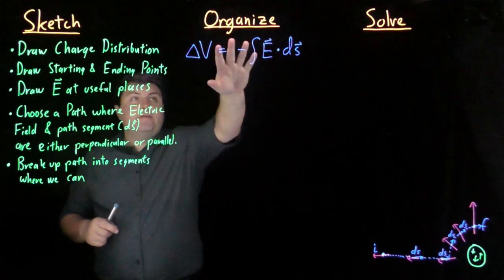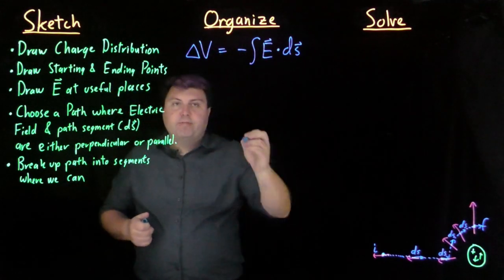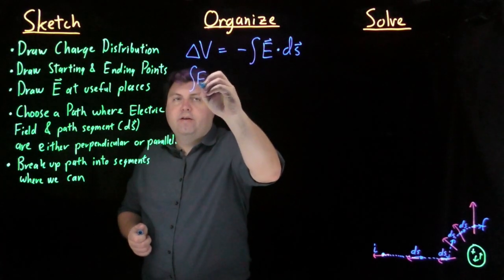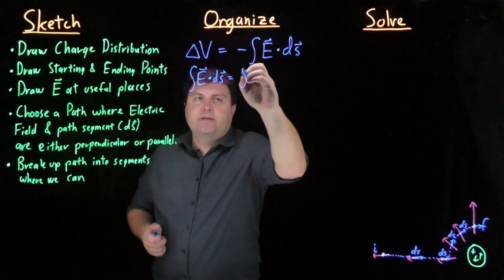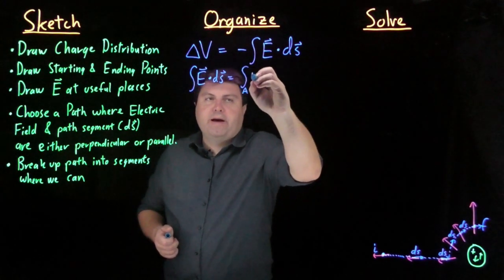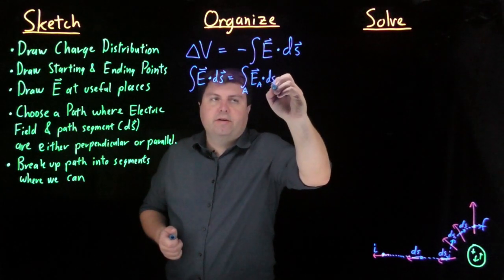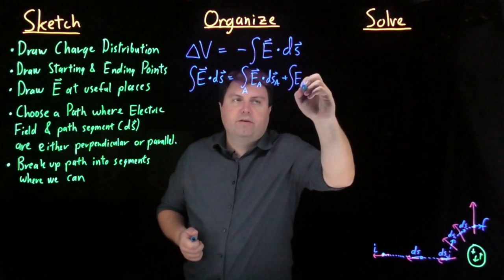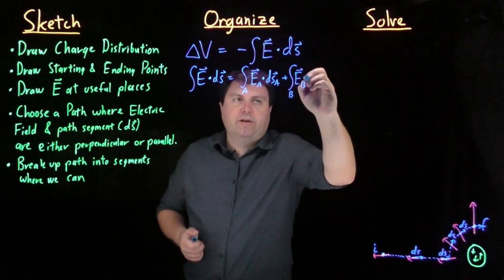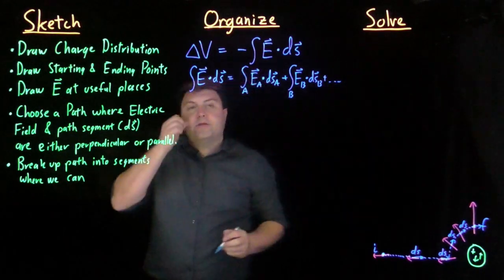So in this organized step for delta V equals negative integral E dot ds, my integral of E dot ds is going to be along path A, right? The electric field of A dotted with dsA plus the integral over path B of the electric field of B dotted with dsB, and so on and so forth, right?